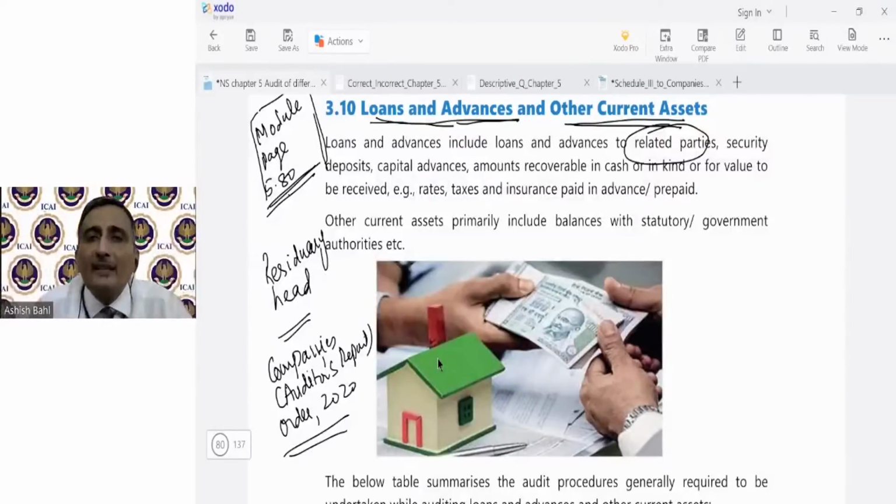Because this order has been issued under Companies Act 2013, these points are specific to companies. Somewhere during this chapter, some references have been given to CARO 2020. Yes, Suman Goel, I hope it is clear to you.